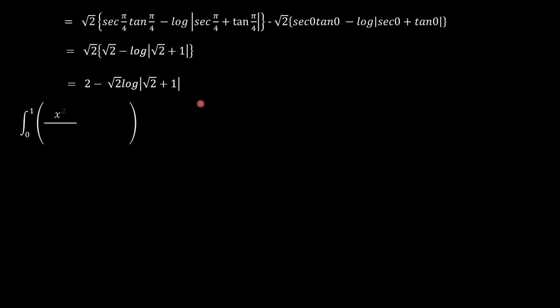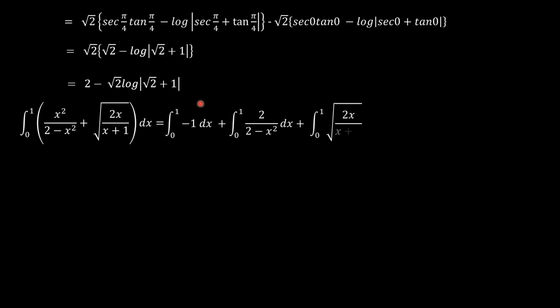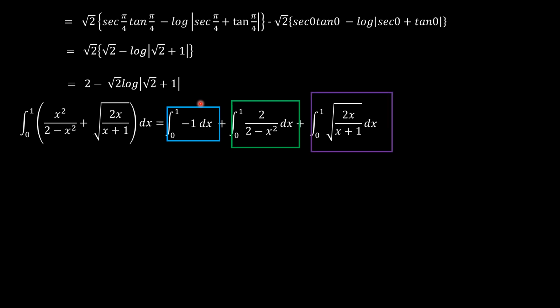Now our entire integral of x squared over 2 minus x plus square root of 2x plus 2x over x plus 1 is obviously a combination of the three integrals that we had alluded to, from 0 to 1, and we have the blue, green, and purple.